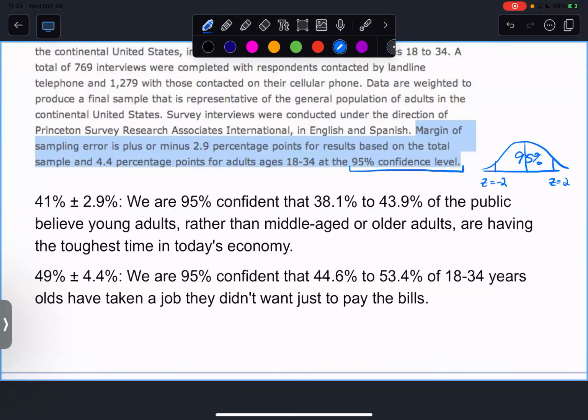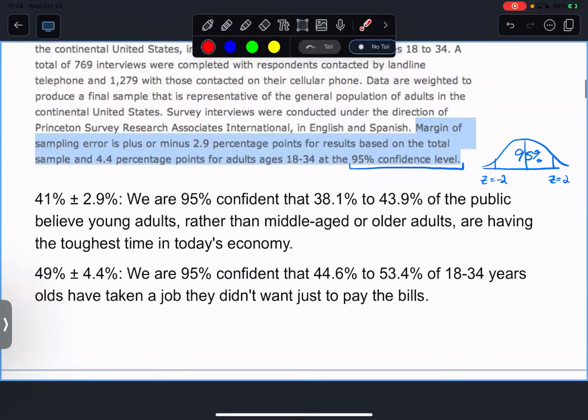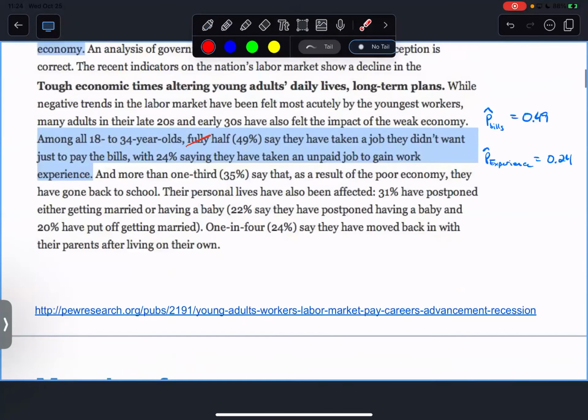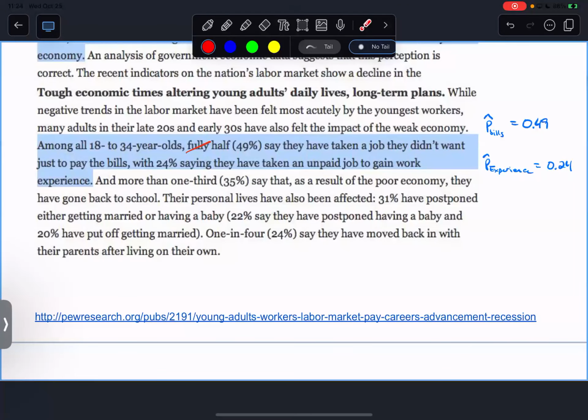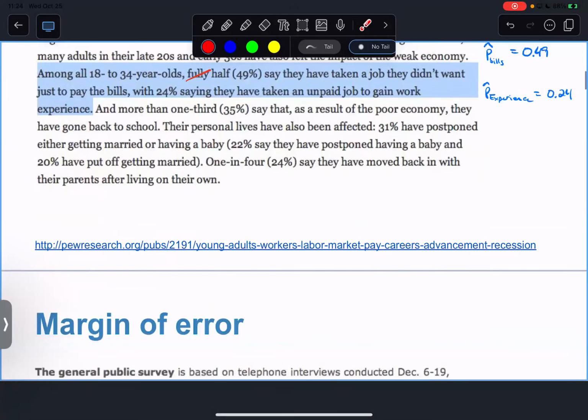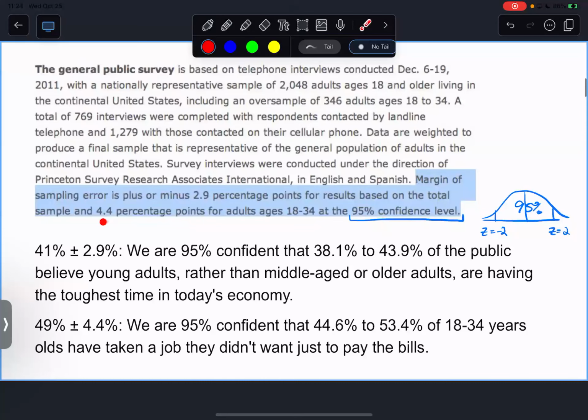Well, it will. Okay, so for us, the ones we highlighted, the proportion with the bills and the proportion for experience, were among all 18 to 34-year-olds. So for us, the margin of error for these sample proportions is going to be the 4.4.